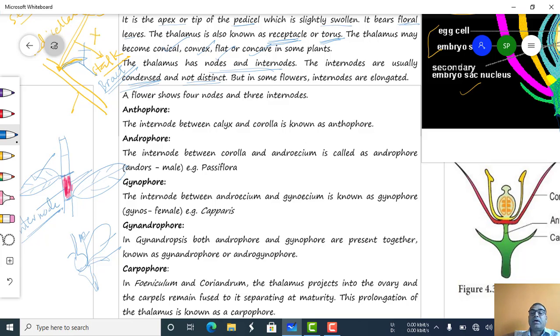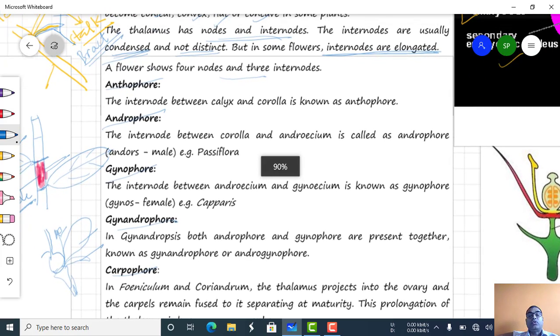But in some flowers these internodes are elongated, and the flower shows anthophore, androphore, gynophore, gynandrophore, or carpophore types of nodes and internodes. So the flower shows 4 nodes and 3 internodes.